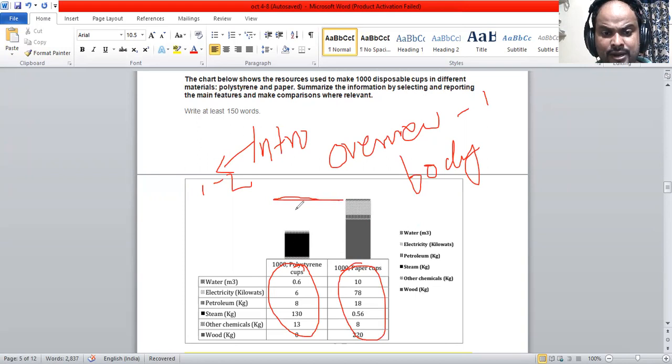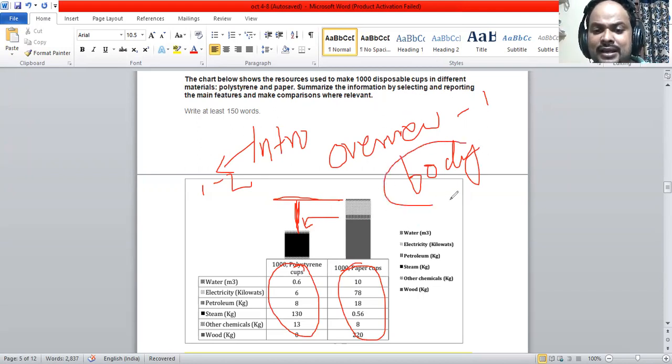So if I draw a line, this much is the economy here for the polystyrene cups. So the resources needed are less compared to the resources needed to make 1,000 paper cups. So this is what the overview is.